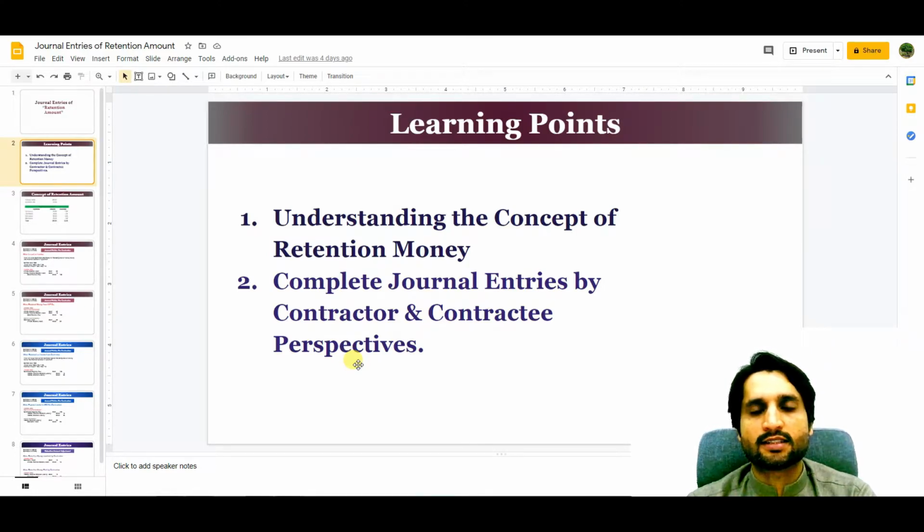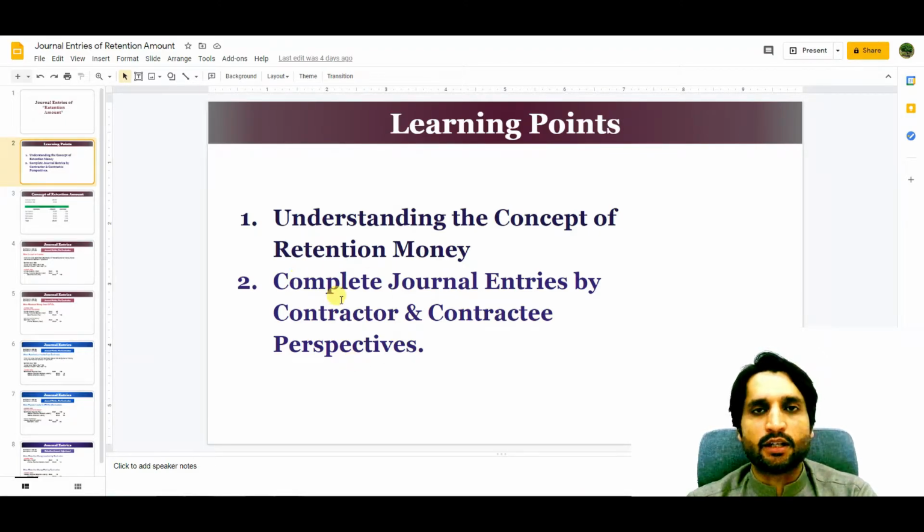So till that period, the contractee has to retain some money with him until the completion of that warranty period. After the completion of the warranty period, the contractee will pay him that money, a percentage of his contract. That is called retention money.